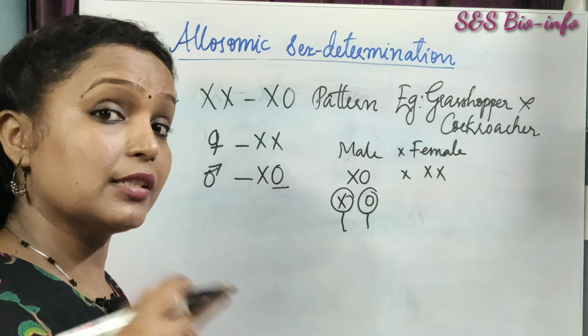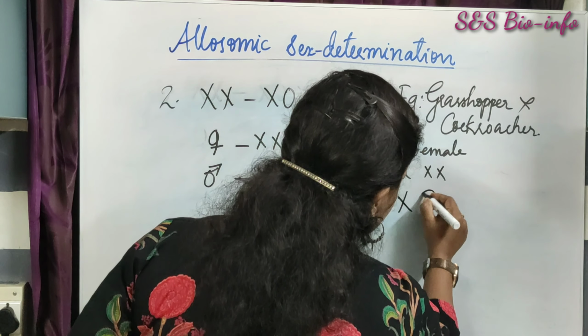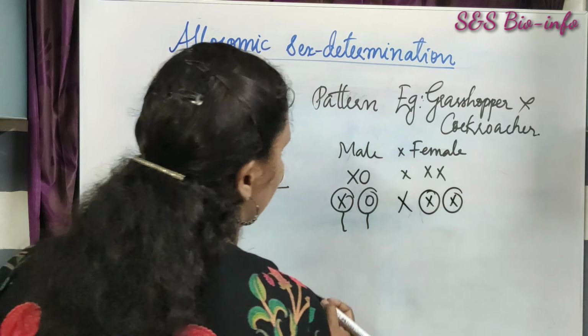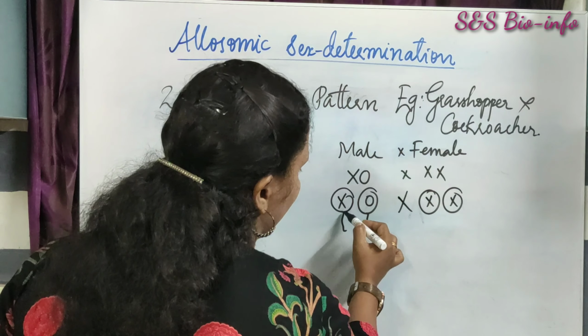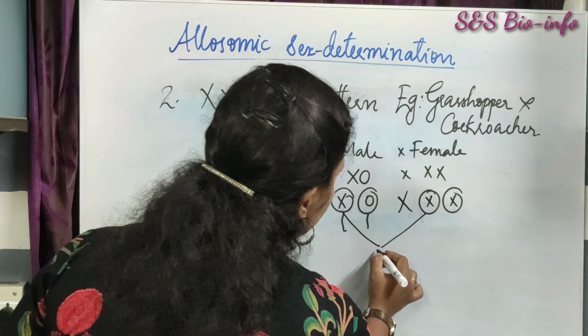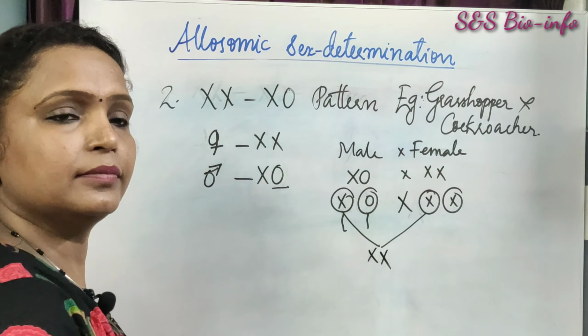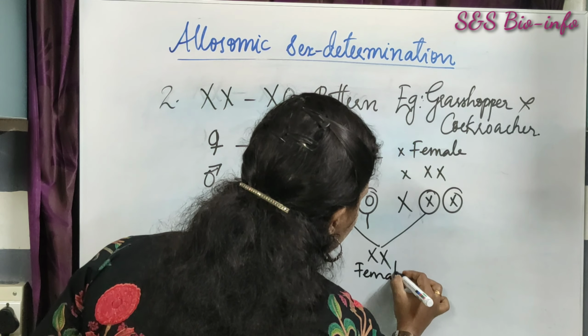The female produces similar types of ova or eggs. Only X carrying one. When the X carrying sperm is fused with the X carrying ovum, the sex of the child would be female.